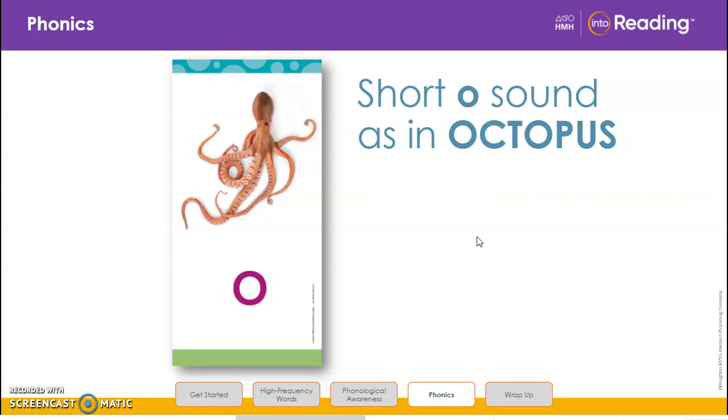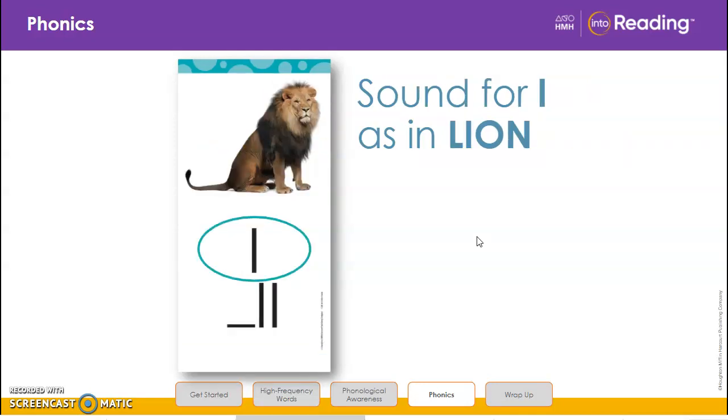Now let's review some letters and their sounds. Remember that octopus begins with the sound aw, and the letter O stands for that sound. Listen. Aw, octopus, O. Say that with me. Aw, octopus, O. Remember that lion begins with the sound l, and the letter L stands for that sound.